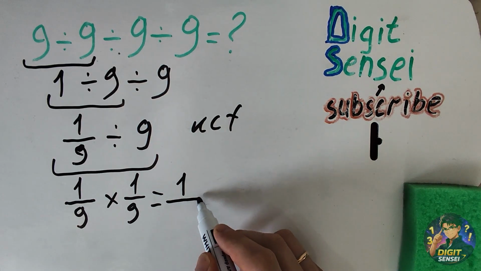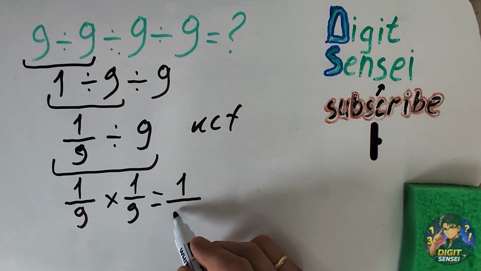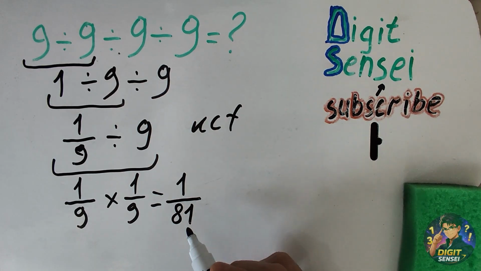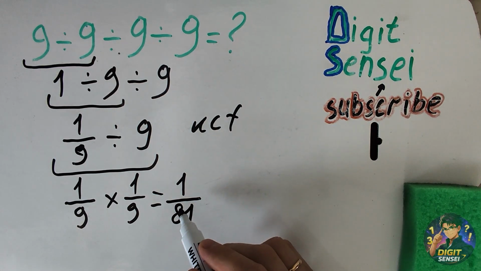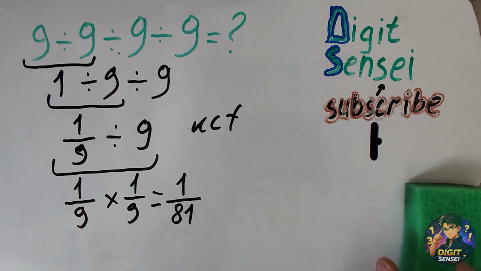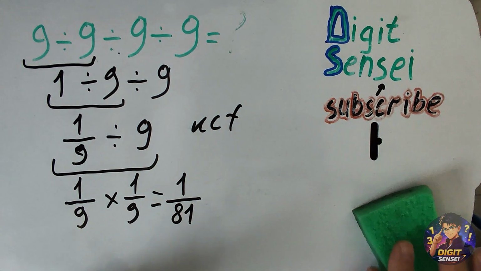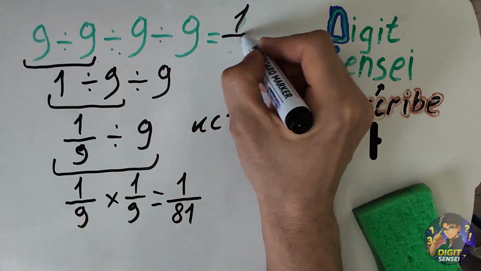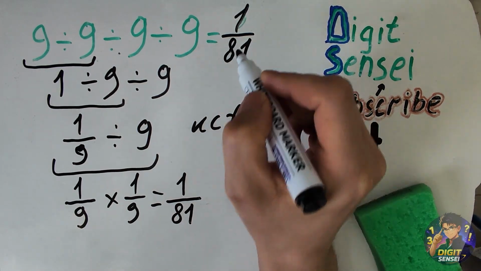And 9 times 9 equals 81. So 1 over 81. And this is our final answer to this problem. The correct answer is 1 over 81.